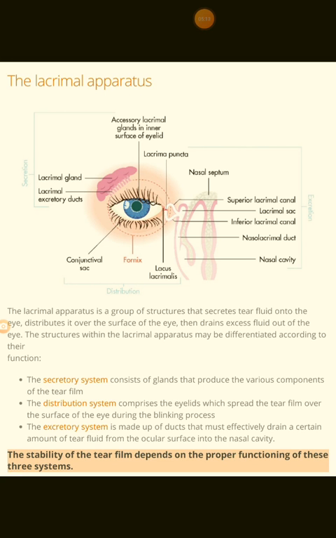And we talk about an enzyme which is called lysozyme, which is a bactericidal enzyme. It prevents microbial infections. And the oiliness provided by the glands delays evaporation and prevents friction, and helps in the prevention of drying of the conjunctiva. So these are the different functions which are performed by the lacrimal apparatus. The lacrimal glands secrete tears, and its excretory ducts convey the fluid to the surface of the eye.